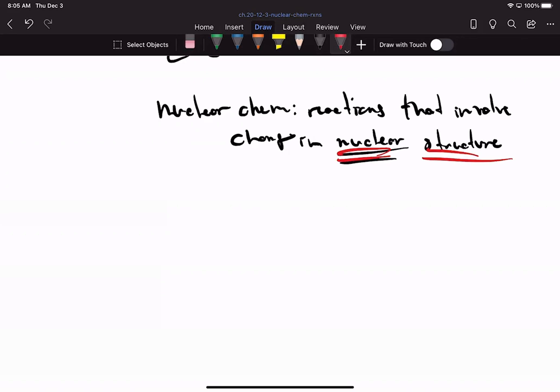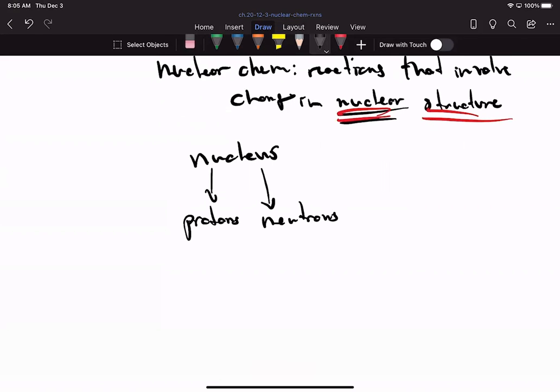And when we think of nuclear structure, we can simply think of the nucleus. In our nucleus we have protons and neutrons. So any change involving some change in the structure of a proton or a neutron would be considered nuclear chemistry.